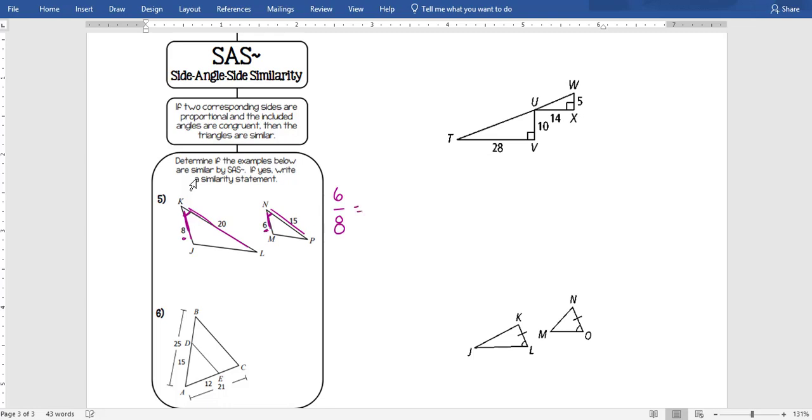Is that equal to the biggest? Since 6 was in the right triangle, I'm going to put the 15, the bigger number from the triangle on the right, on top. And then I'll put 20 on bottom. When I divide these, I get 0.75 for both of them, so the scale factor is the same. That means these are side angle side similar. That's great.